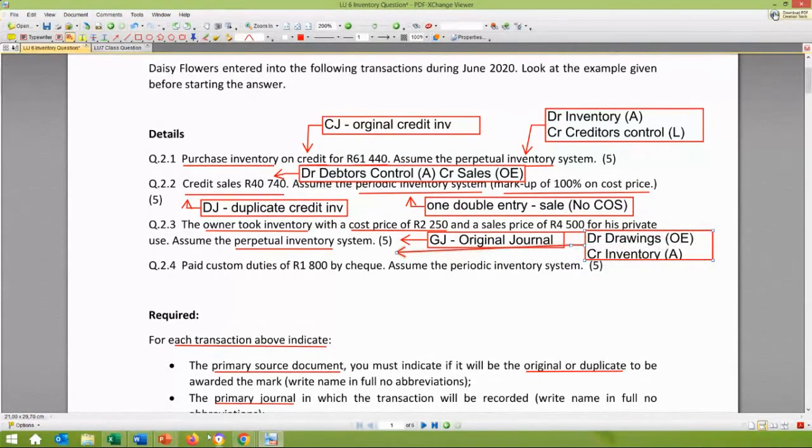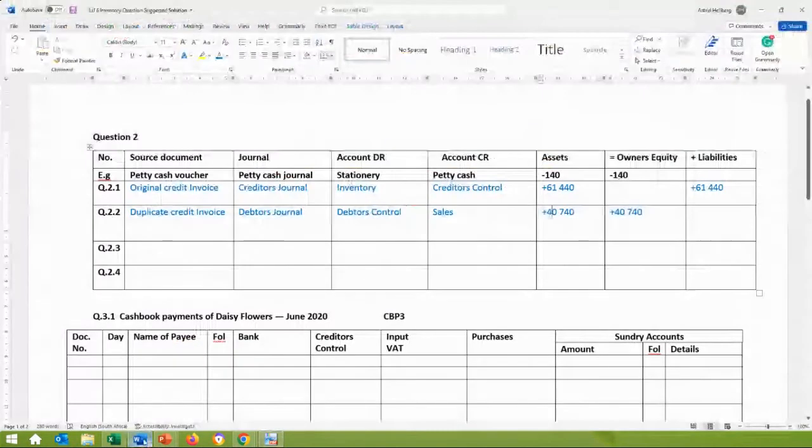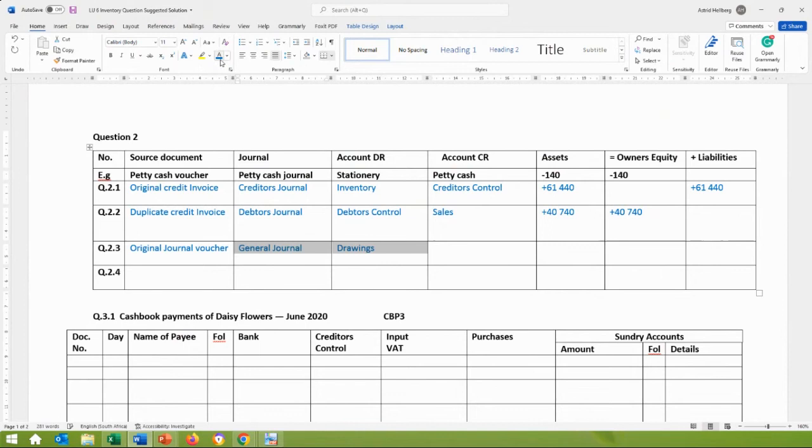Okay, so let's go fill this in on our sheet. Okay, so we said the journal voucher, it will be an original journal voucher because it was a voucher that we've created. It will go to the general journal. We would debit drawings. We would credit inventory because of the fact that it is a perpetual inventory system.